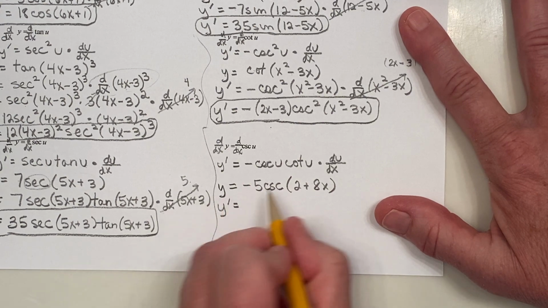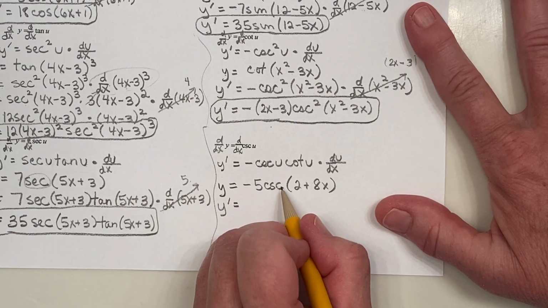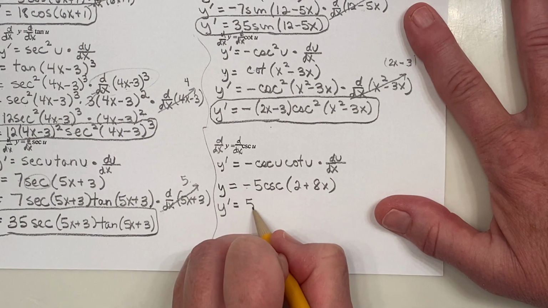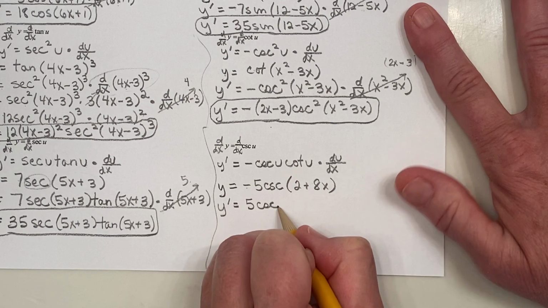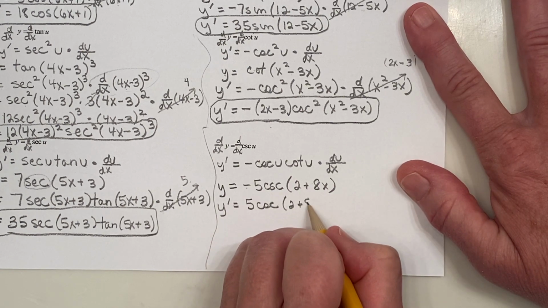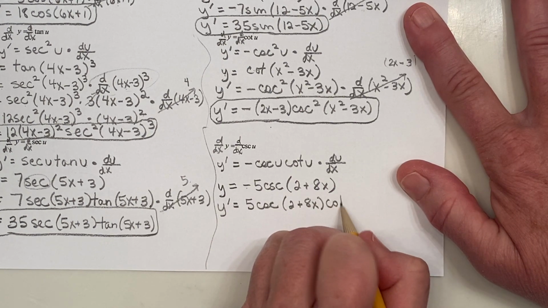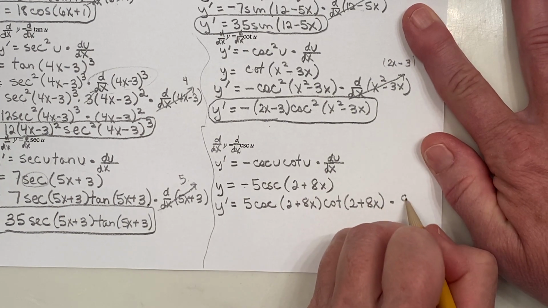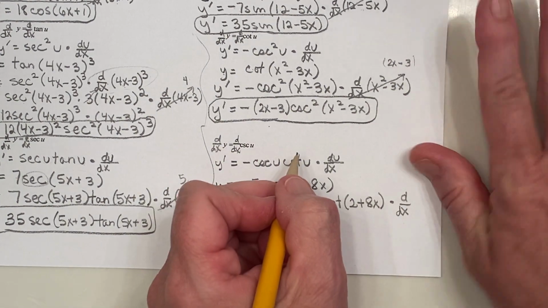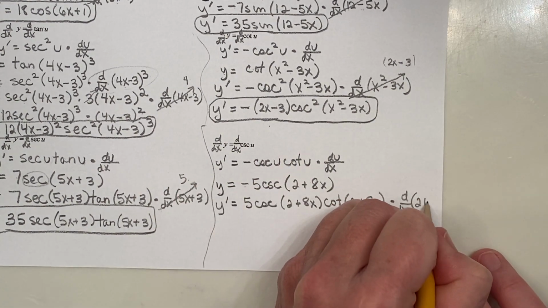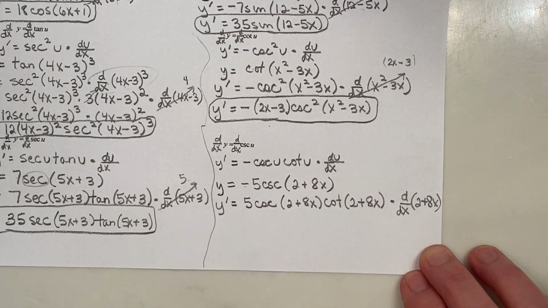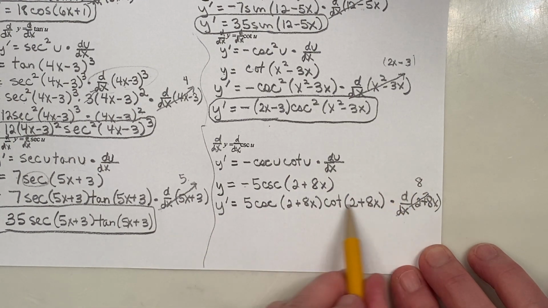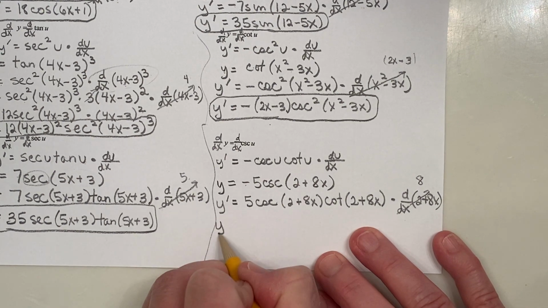So y prime equals, cosecant's derivative is going to be negative, so multiplied by another negative would be positive 5. So cosecant cotangent. This derivative is easy. It's 8. I'll manage the 8 with the 5, multiplying together.